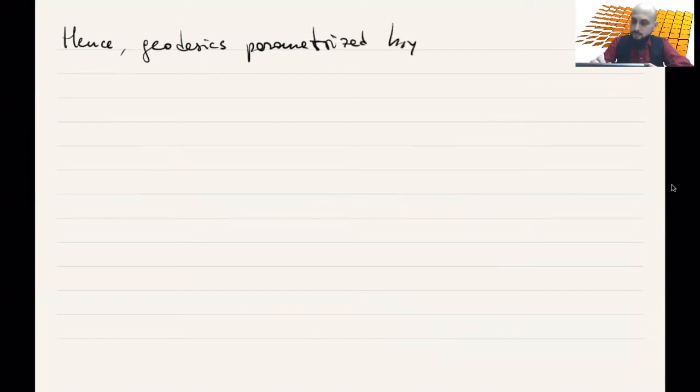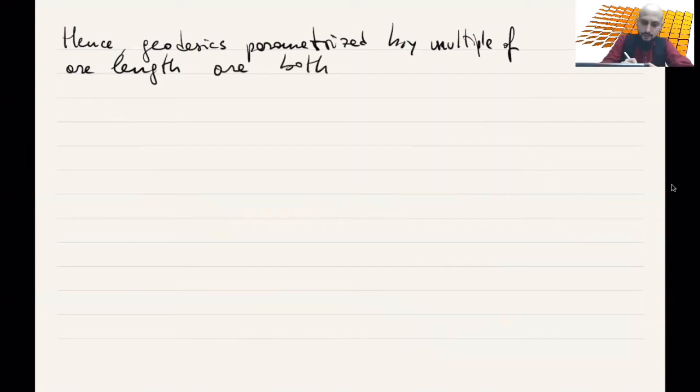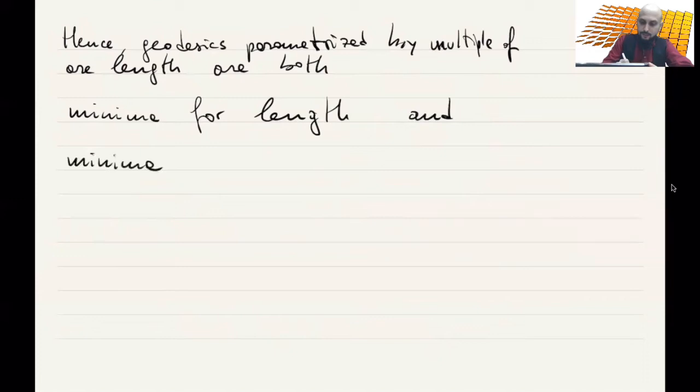So now, what we understand is that hence geodesics that are parameterized by multiple of arc length are both minima for the length, this is the definition of geodesics, but also minima for the energy.